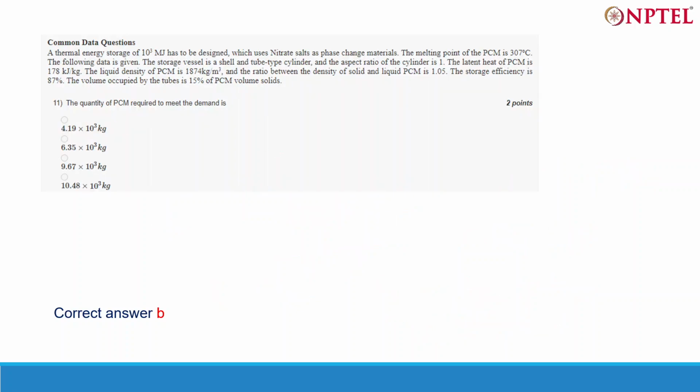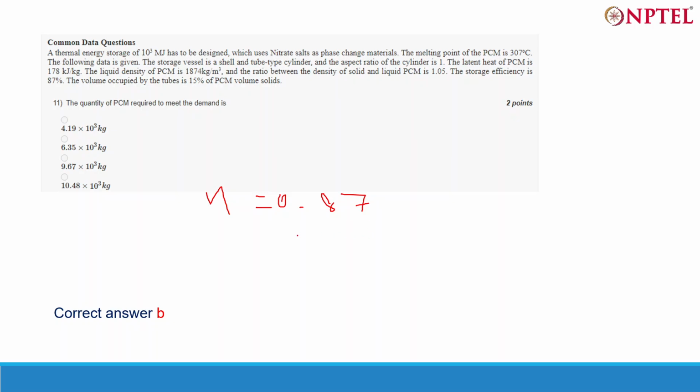Now this is a common data question. Okay, so this is a very easy question. You just have to solve it. So let me solve it for you guys also without any delay. And the quantity of PCM meets demand. So storage efficiency is given 0.87, and 13% more heat has to be stored.